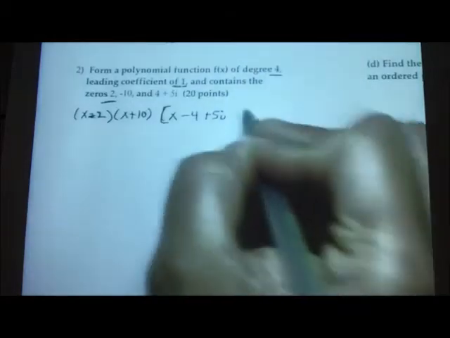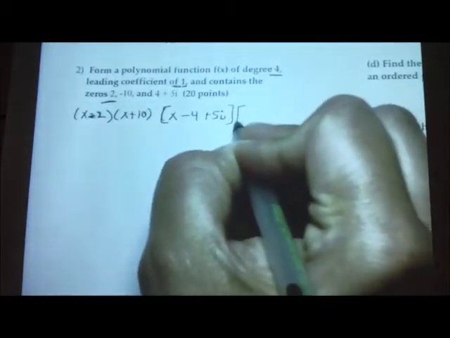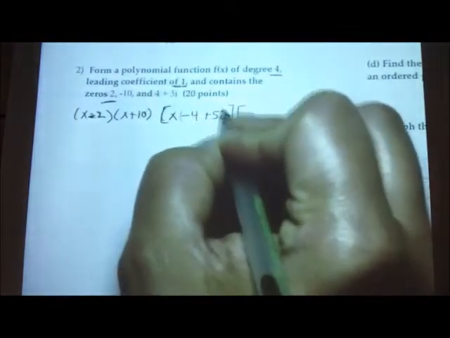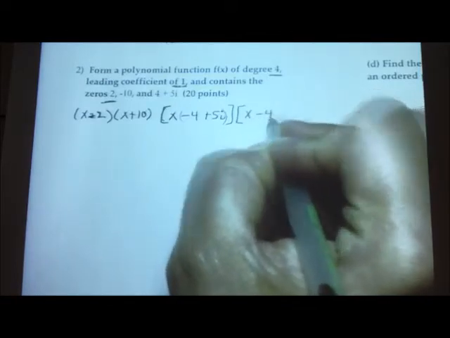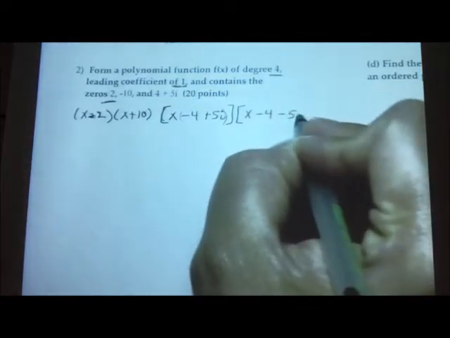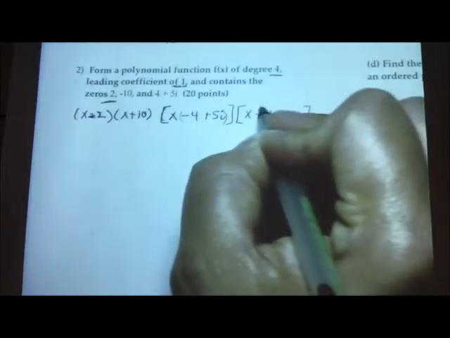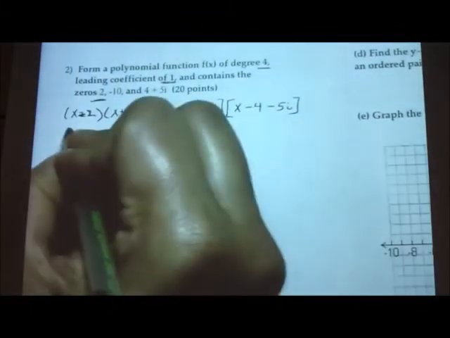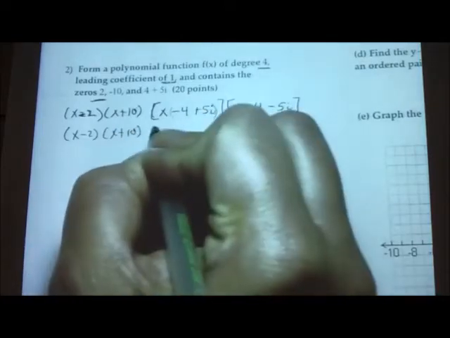And x minus 4 minus 5i. So originally it's something like that, but when you rewrite this is x minus 2, x plus 10.